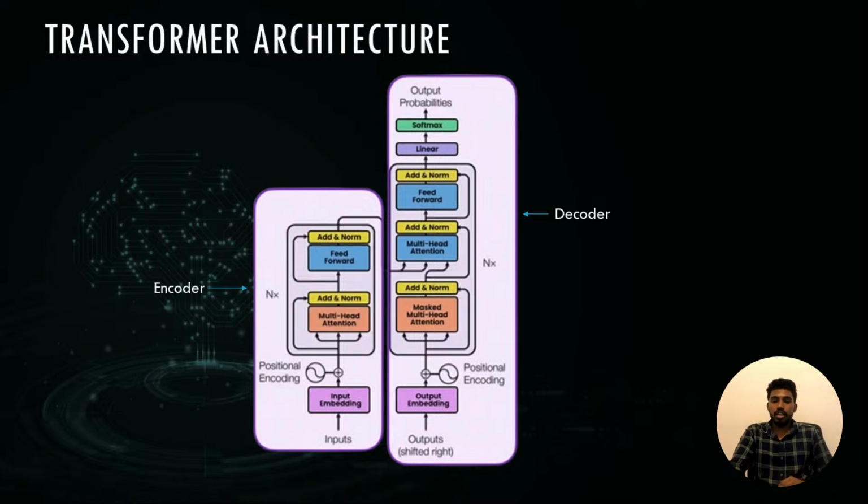The other one is the attention mechanism. The attention mechanism is the main part of this transformer model. It allows models to focus on different parts of the input sequence when generating an output. Let's say you are writing a sentence and trying to understand it.